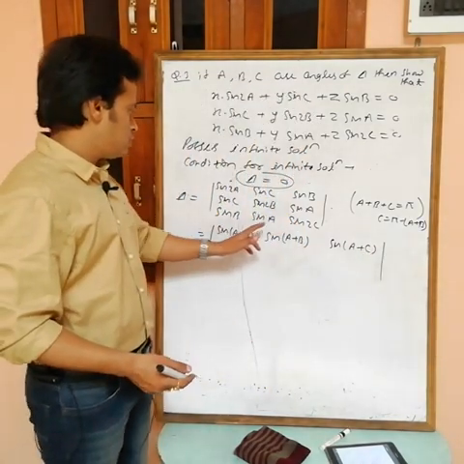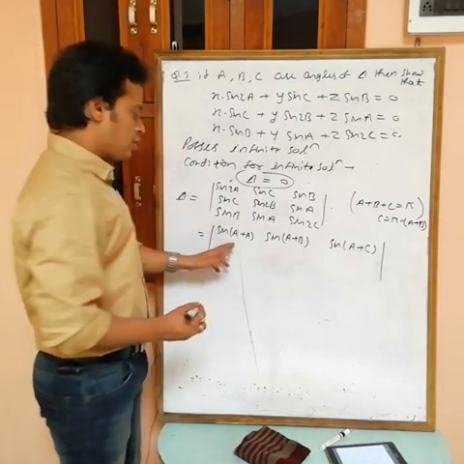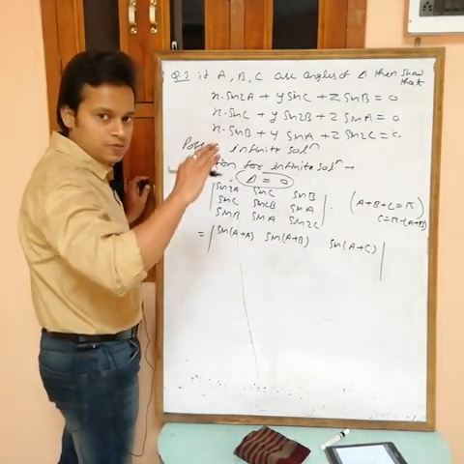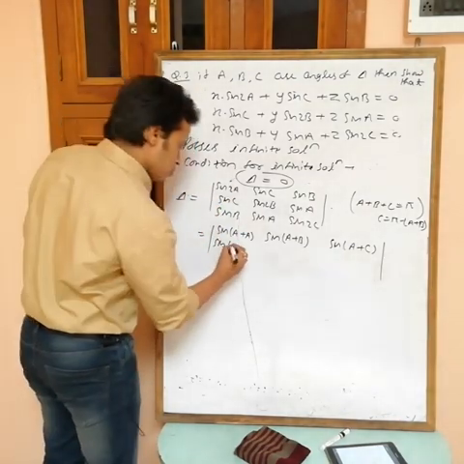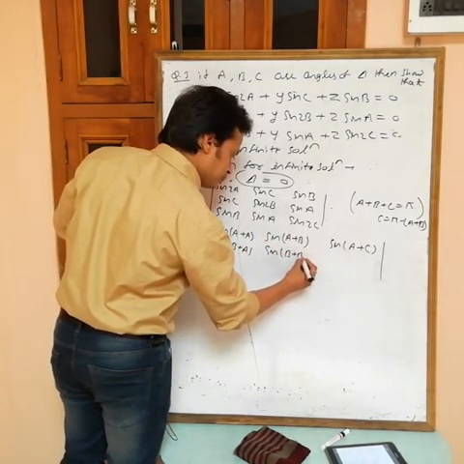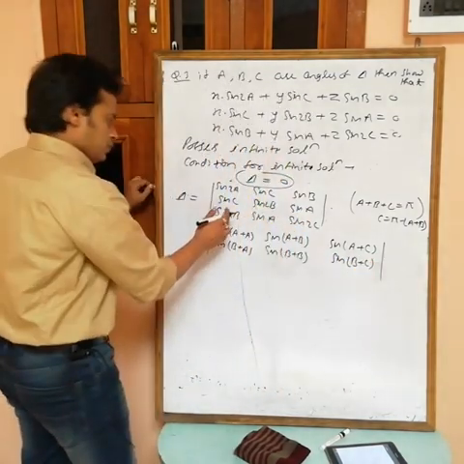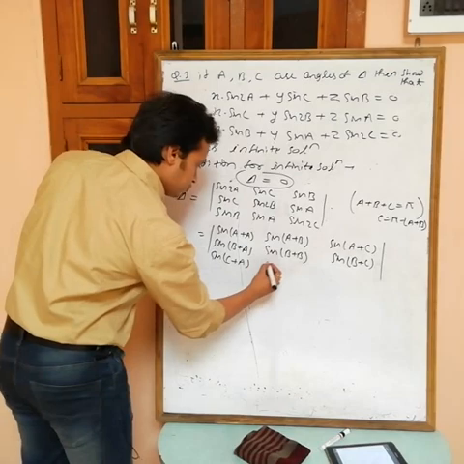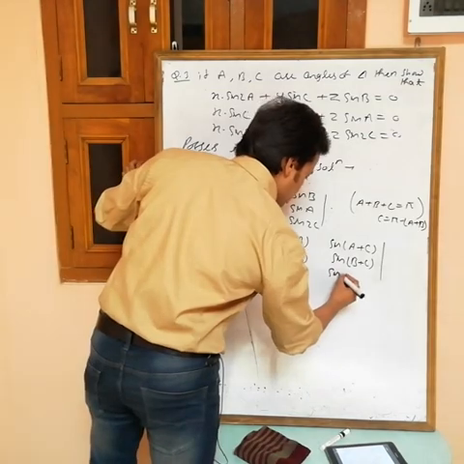So the first row is sine A plus A, sine A plus B, sine A plus C. Then C can be written as pi minus B plus A, so sine B plus A. Sine 2B can be written as sine B plus B, and then sine B plus C. Obviously, B can be written as pi minus C plus A, so sine C plus A, sine C plus B, and then sine C plus C.